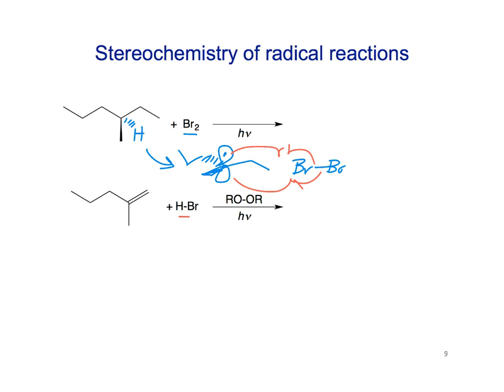There's not a difference between one side or the other. So if we form a radical, we should get a mixture of products. The bromine could be on the back, or the bromine could be on the top. If we only have a single stereogenic center, then we should get a 1-to-1 mixture of these. What's a 1-to-1 mixture of enantiomers? A racemic mixture.